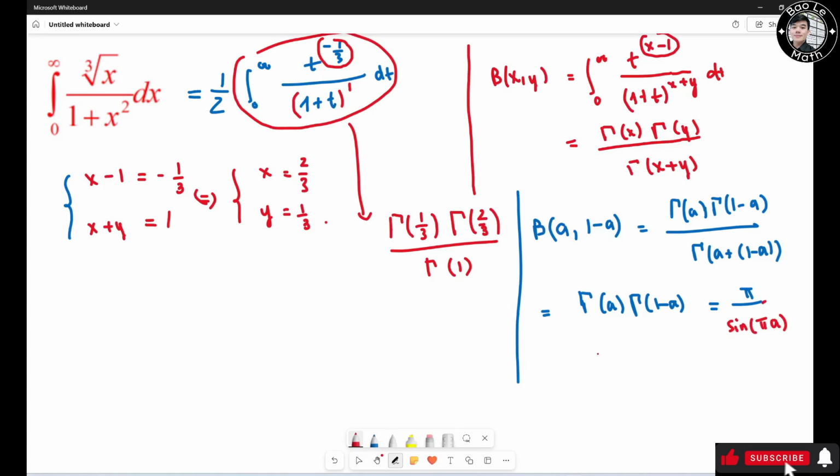So this is the reflection formula of the gamma function. From this I have 1/2 of, now remember that a in this situation is 2/3, which means the s value right here, and 1 minus a means 1/3.